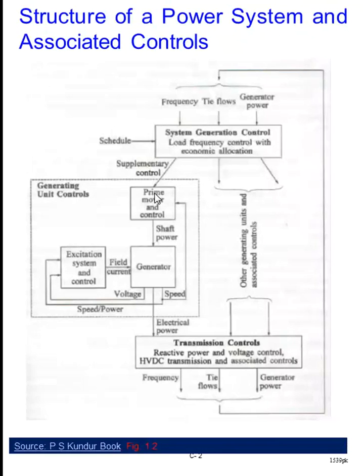If area 1 has a deficit in power generation, and the system is interconnected, then power has to flow from area 2. How much power should flow from area 2 such that the frequency is within the limit? That we achieve with the supplementary control.